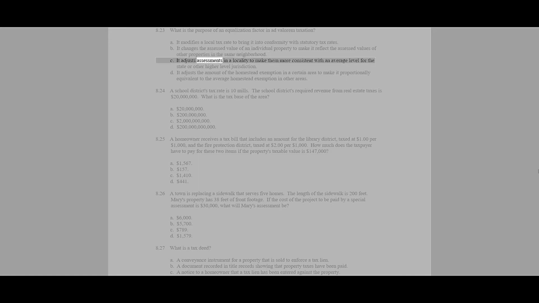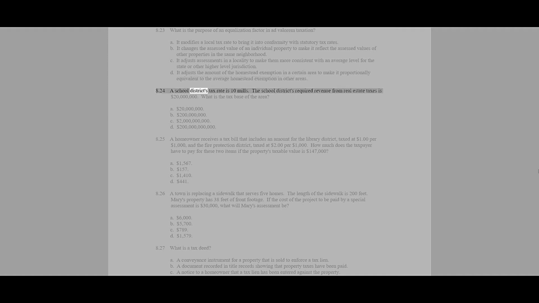C. It adjusts assessments in a locality to make them more consistent with an average level for the state or other higher level jurisdiction. D. It adjusts the amount of the homestead exemption in a certain area to make it proportionally equivalent to the average homestead exemption in other areas.